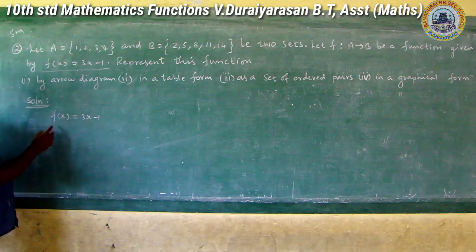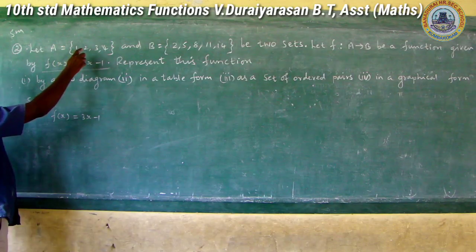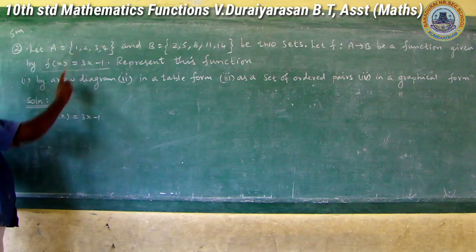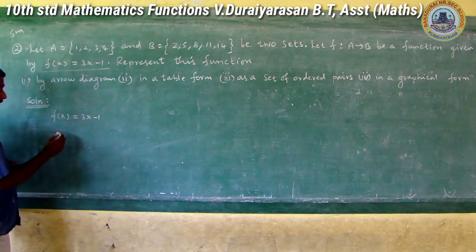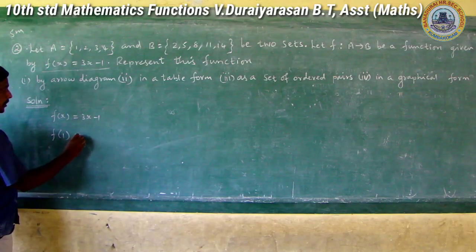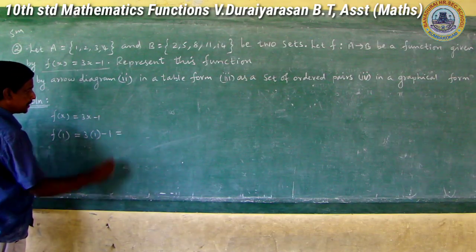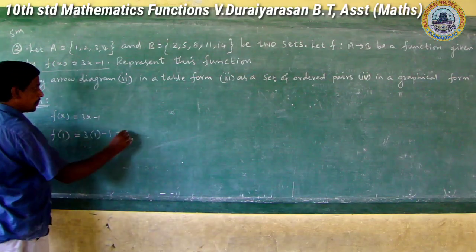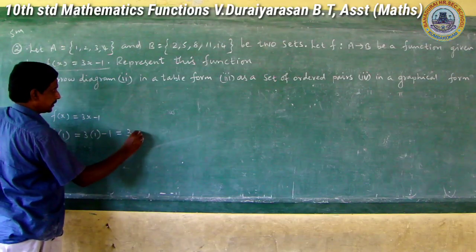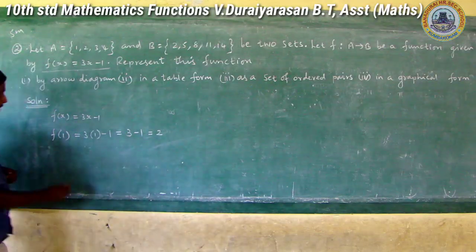First, substitute the values of x equal to 1, 2, 3, finally 4. Substitute x is equal to 1: 3 into 1 minus 1, 3 minus 1 equal to 2.